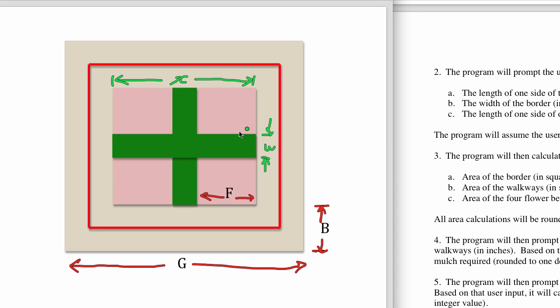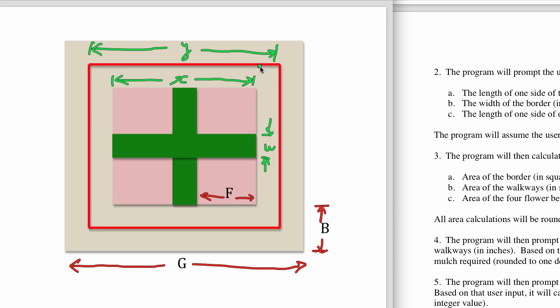And how do you get that? Well, if you think about it, that's a function of a side of this square and the F. And then the final thing, I'll call it y, is this distance. Because we're going to eventually have to work with the shrubs.